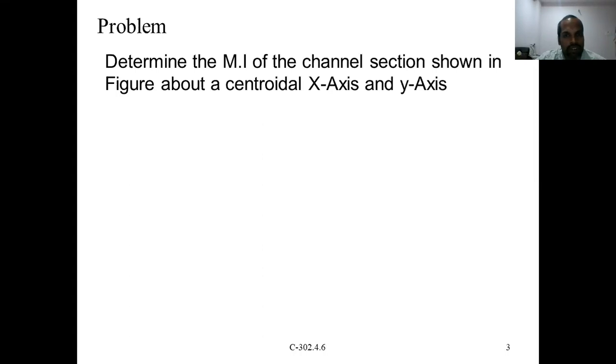That again depends on its orientation, how you place the channel. But in general, if it is in the shape of a C, it can be symmetric about the x-axis or unsymmetric about the x-axis, but always unsymmetric about the y-axis.